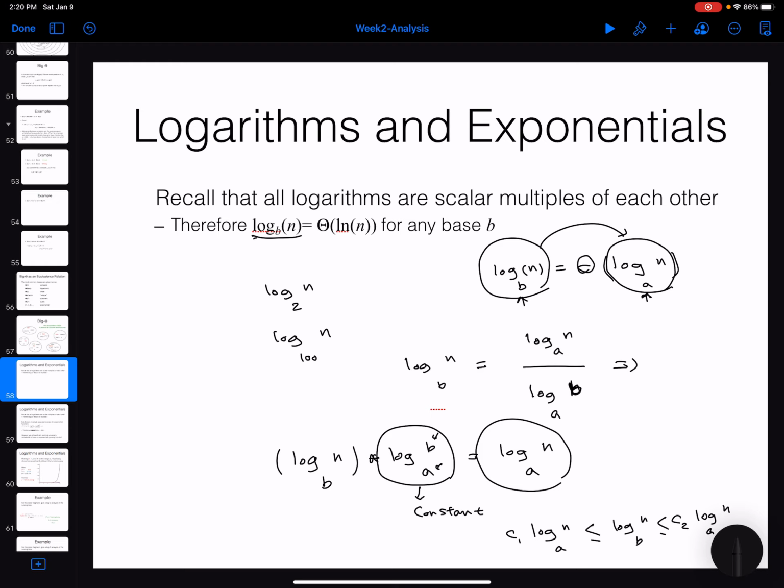If I can prove this, I can say that log of n in base b is in theta of log of n in base a, right? The growth ratio of them are the same. When we are saying that the growth ratio of two functions are the same, we are saying that the difference between them is going to be some constant. I just need to multiply it by some constant, and they are going to have the same value.